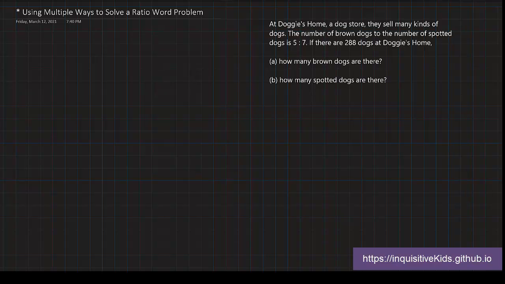And finally, the third solution, algebra. Yes, we can definitely set an algebraic variable for this problem to solve. First, let's turn the ratio 5/7 into 5x to 7x.